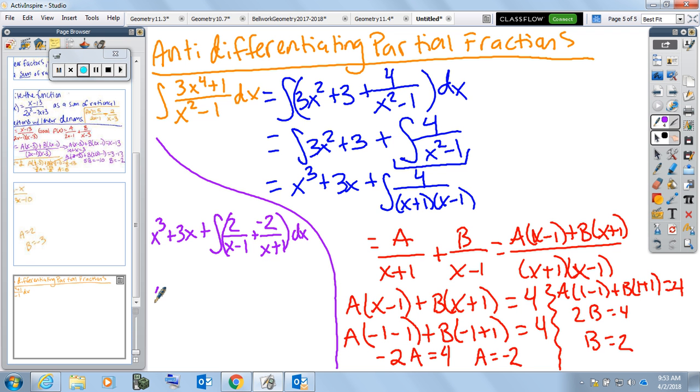And so now, when this is all said and done, our integral is x cubed plus 3x plus 2 times the natural log of the absolute value of x minus 1 minus 2 times the natural log of x plus 1. And then don't forget your plus C in there as well.